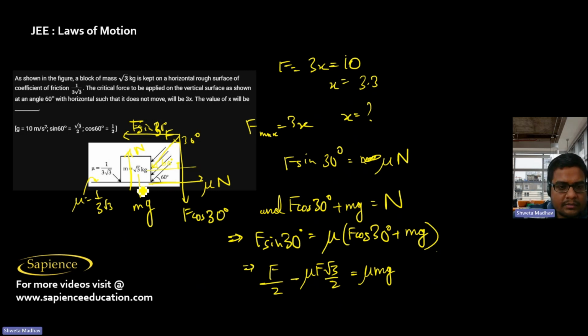F cos 30 plus mg, that is equal to N. So x will be like 3.3, 3.33 approx.